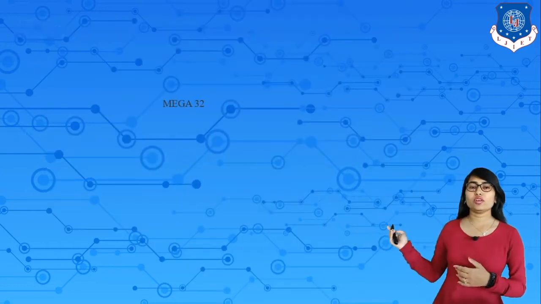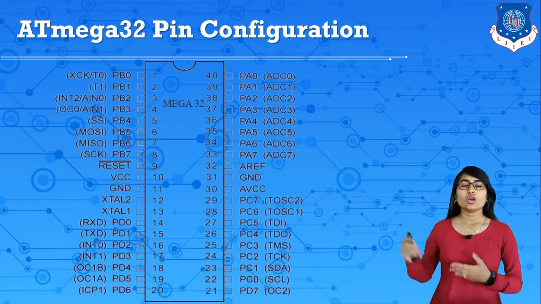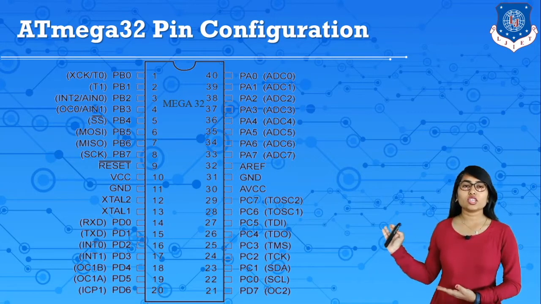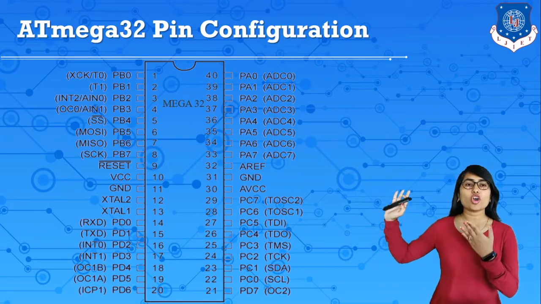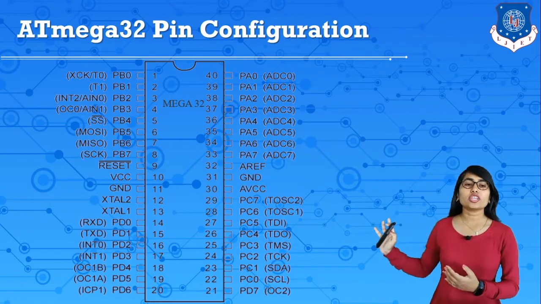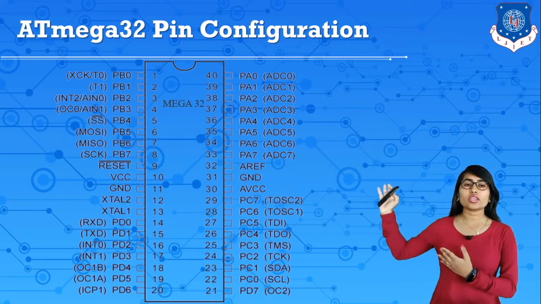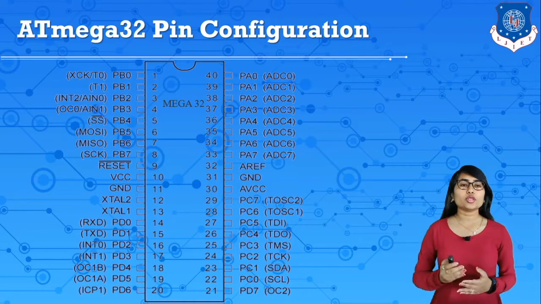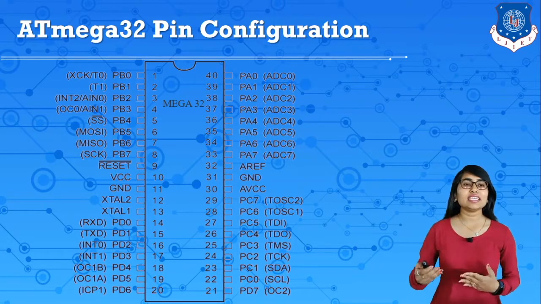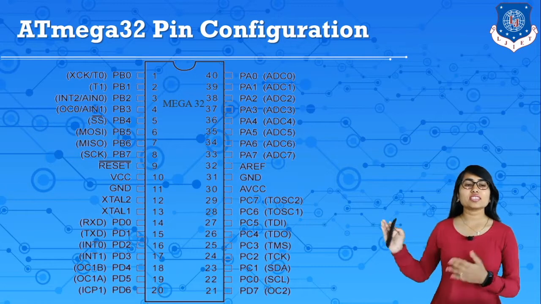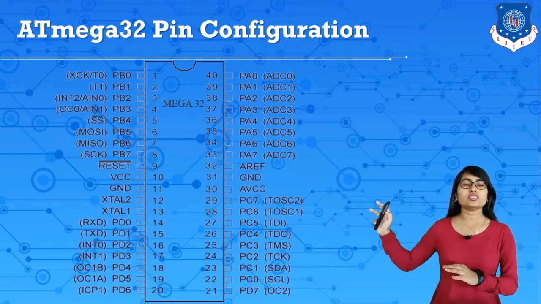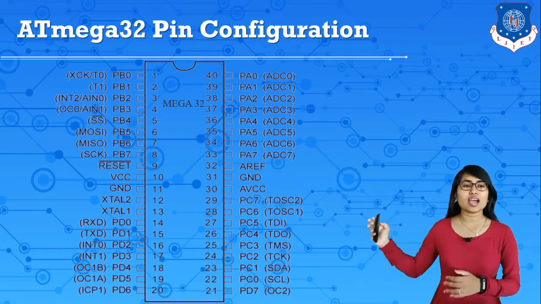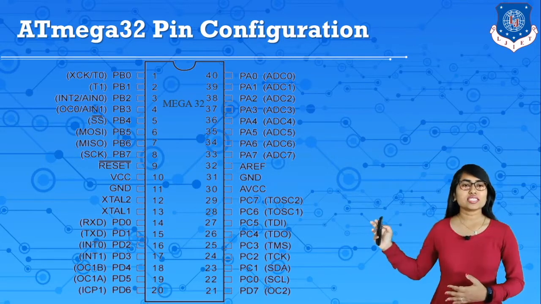So here we have the ATmega32. This is basically the ATmega32 pin configuration. Here pins 1 to 8 are for port B, then 14 to 21 are for port D, then port A and port C. These ports B, C, D, A have a variety of other features or alternate functions, and the remaining pins are for power supply and reset purposes.